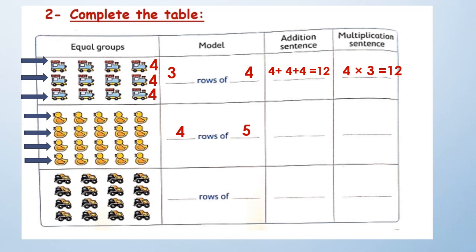The first row has 5 objects. Then I will write 5 plus 5 plus 5 plus 5. So the addition sentence here is 5 plus 5 plus 5 plus 5 equals 20. Let's write the multiplication sentence. 5 here is repeated 4 times. So I will write 5 by 4 equals 20.